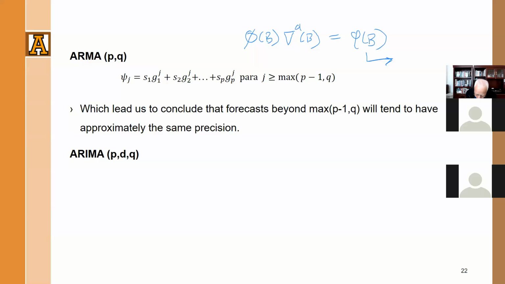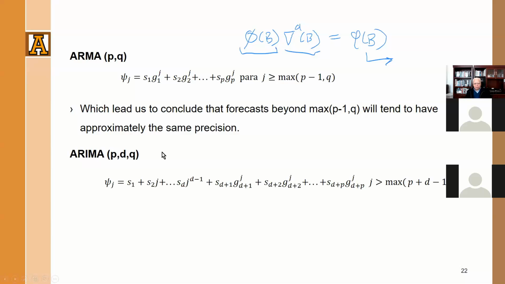Okay, this one has its roots outside the unit circle, but this one does not. The root is 1. Okay, the root is the value 1. So when you multiply two polynomials, the roots would not all be outside the unit circle. Okay, so that's a big change in the ARIMA(P,D,Q).